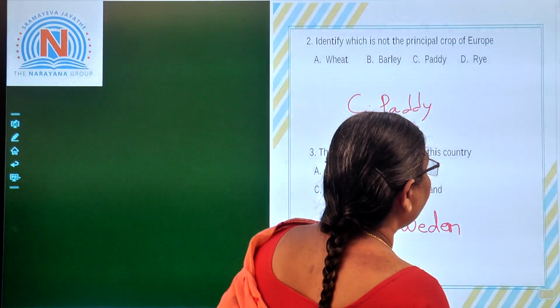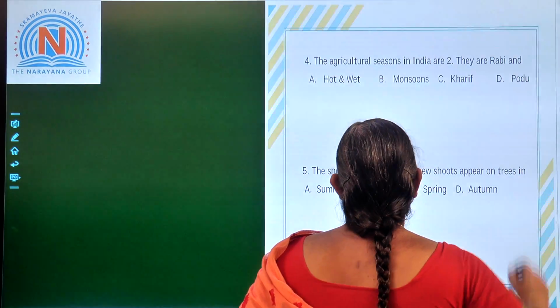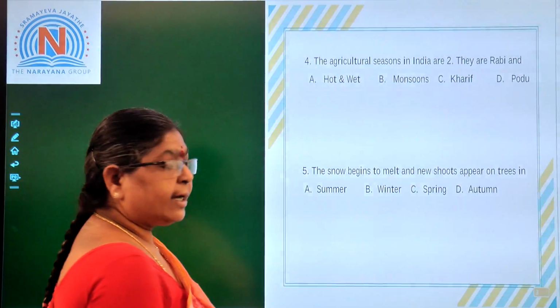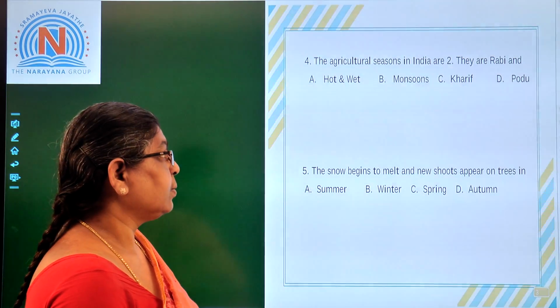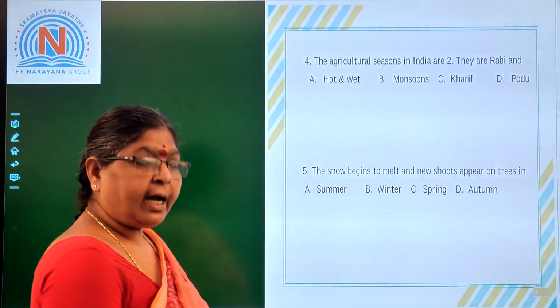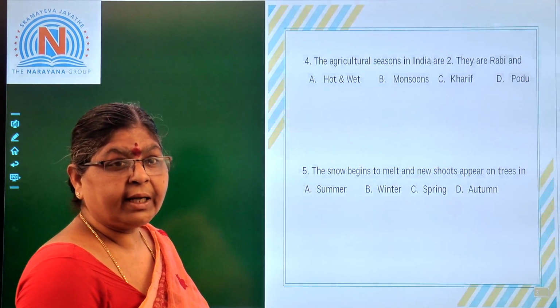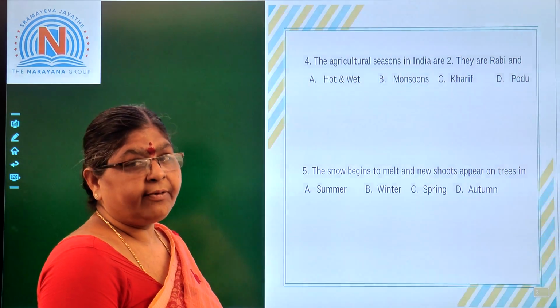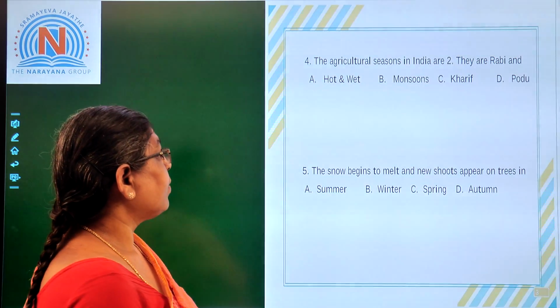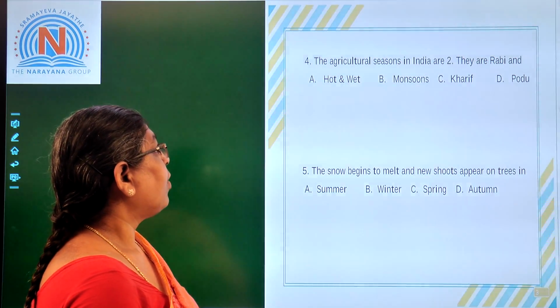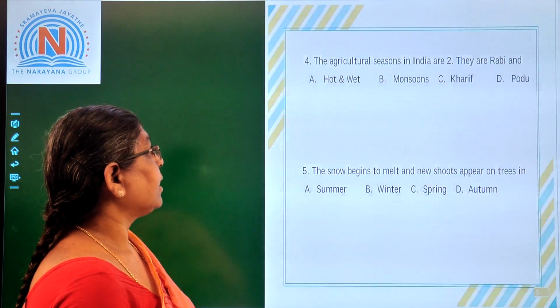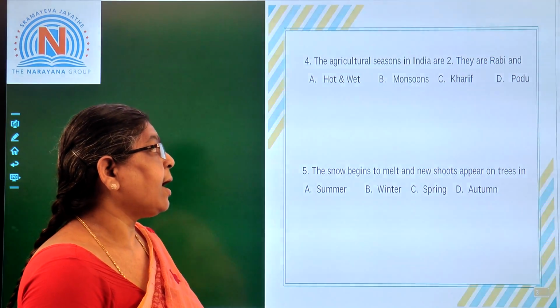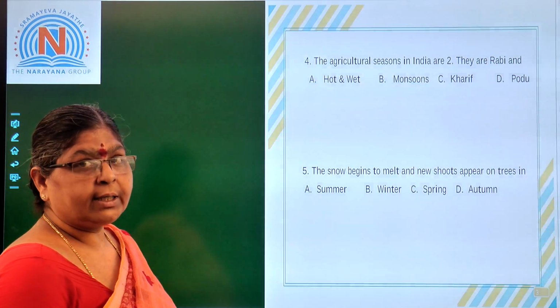Okay children. Now let us look on to the next one. That is the agricultural seasons in India are 2. That is Kharif and Rabi. So, the Rabi is the winter season, Kharif is the rainy season. What are the agricultural seasons in India are 2? They are Rabi and what is the other one?